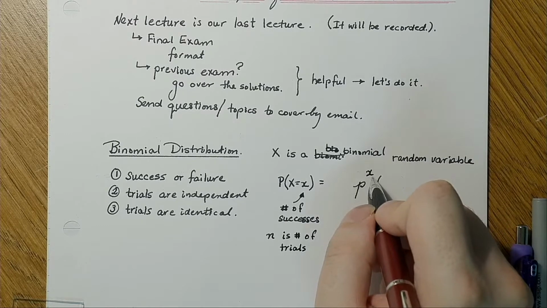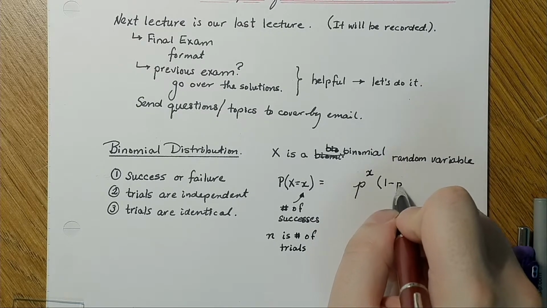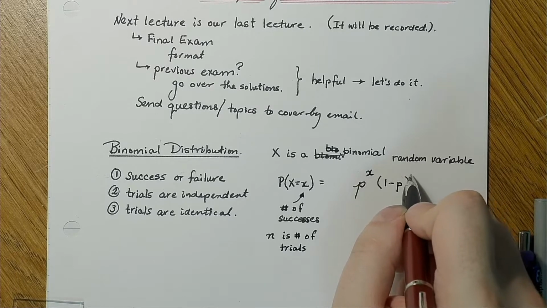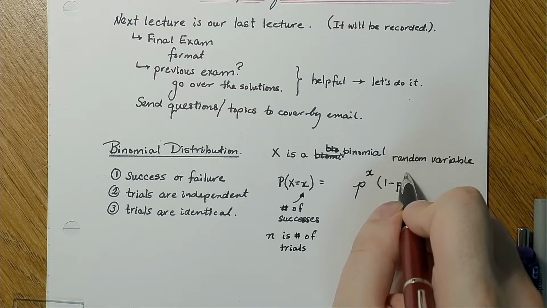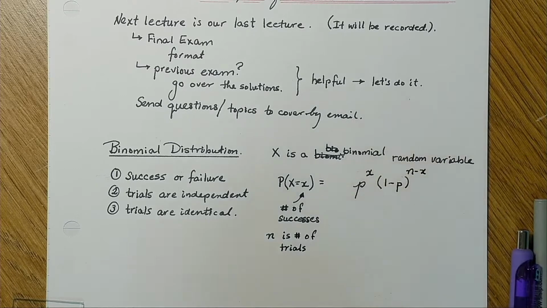So if you have x successes, then you would have 1 minus p, or the complement, and out of the n trials you would have n minus x failures.